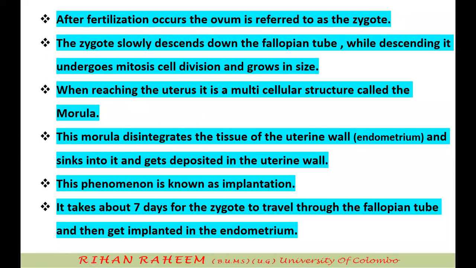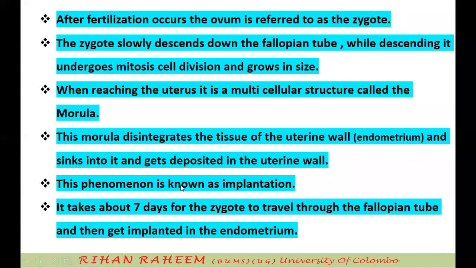Now think that the fertilized zygote is slowly rolling and coming down. While coming, it is multiplying, and it forms a structure called the morula. It comes and joins the uterus. I will show this picture, don't worry. The morula disintegrates the tissue of the uterine wall, the endometrium, and sinks into it and gets deposited in the uterine wall.